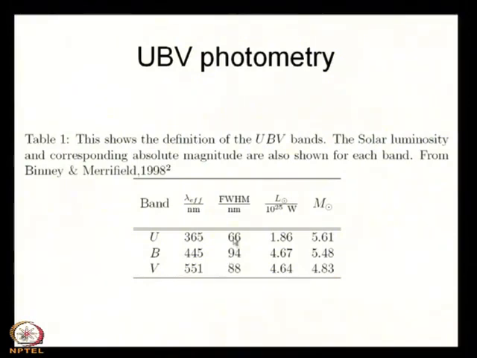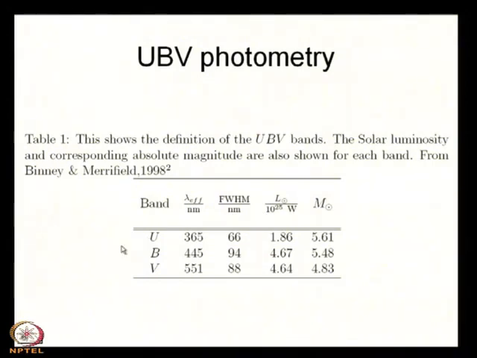The full width at half maxima are also given. For reference, this table also shows the solar luminosity in these bands. So if I look at the sun, how much energy does the sun emit in this particular band?